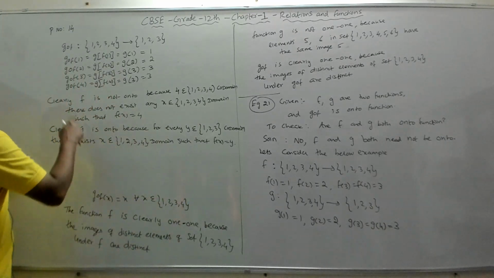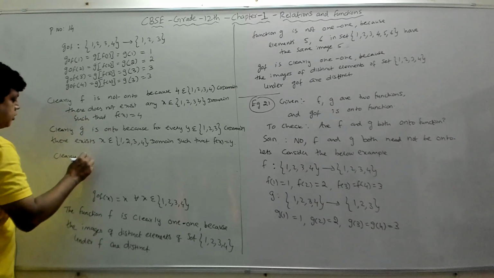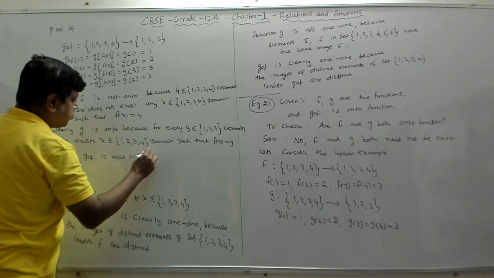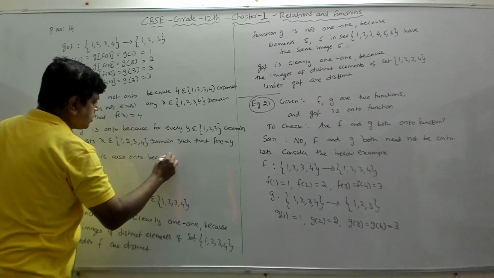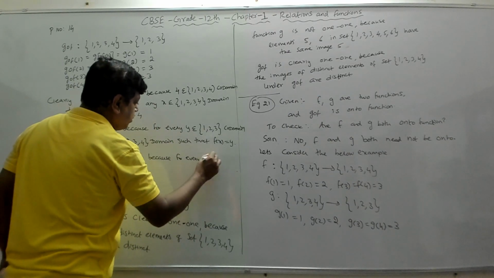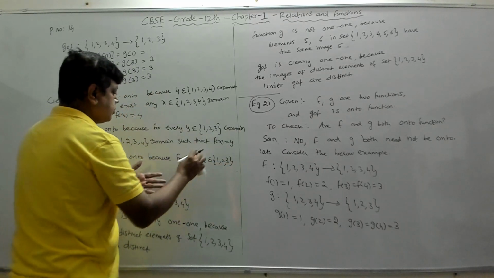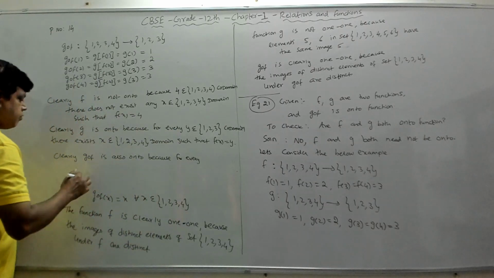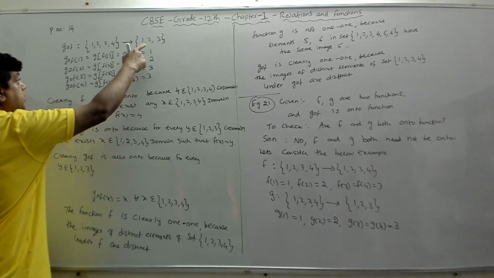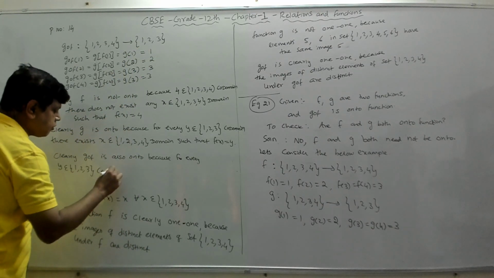So again here, g of f is also onto. Clearly, g of f is also onto because of the same reason: for every y belonging to the set {1, 2, 3}, which is this set, the codomain, we do not even say codomain, it is understood that that is the codomain.